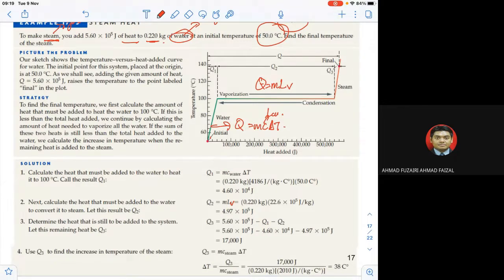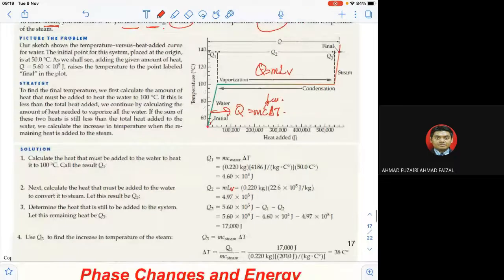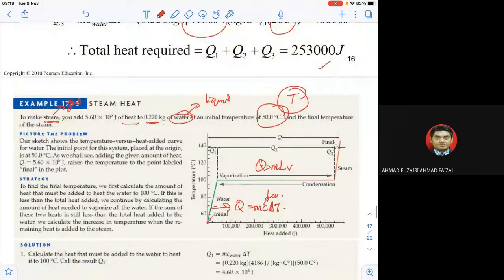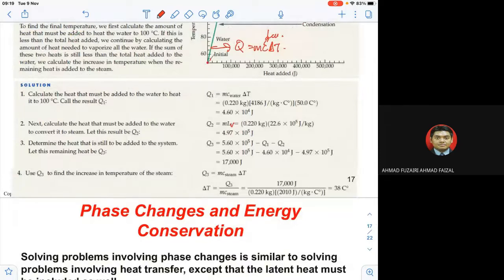And then for Q3, you calculate back. The total heat that has been given is 5.6 times 10 to the power of 5 joules, so you subtract Q1 and Q2 in order to get Q3.